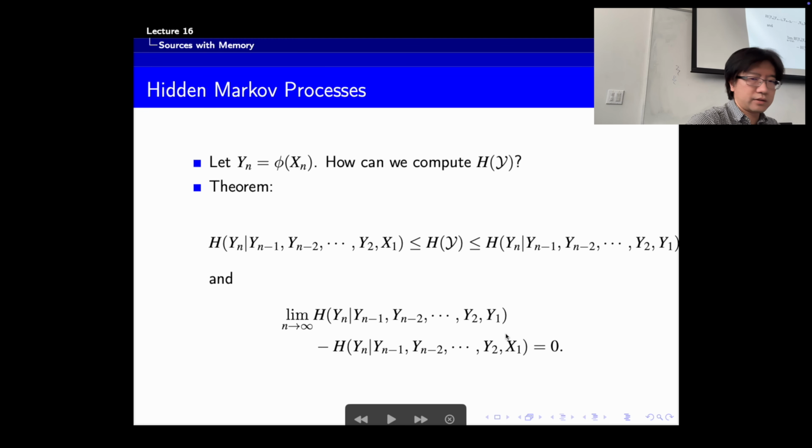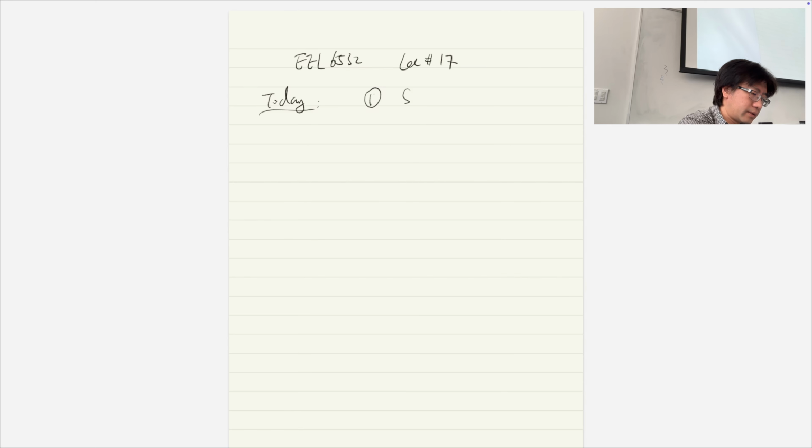So in this lecture, let's continue talking about chapter 4, and then we move to chapter 5 again. Okay, so today we're still in the sources with memory, right?